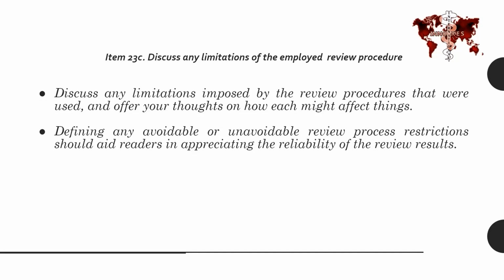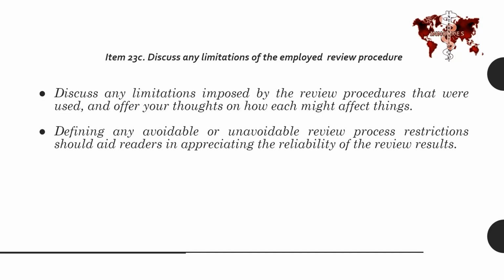A few of the possible limitations which could affect a review process are a decision by the authors to restrict eligible studies to studies in English only. This could be as a result of interpretation on the part of the authors. However, it could have the effect of screening out eligible studies which are in other languages.